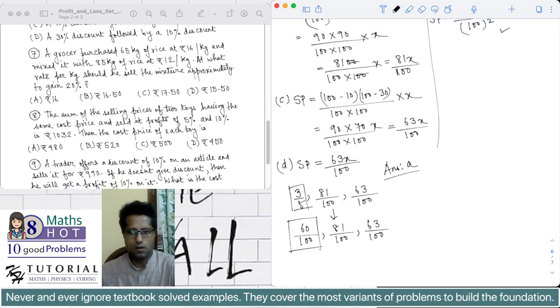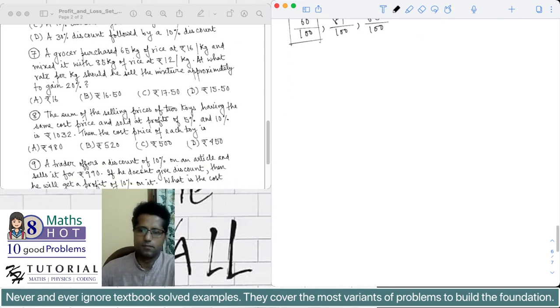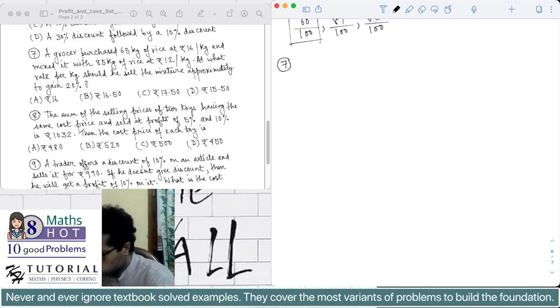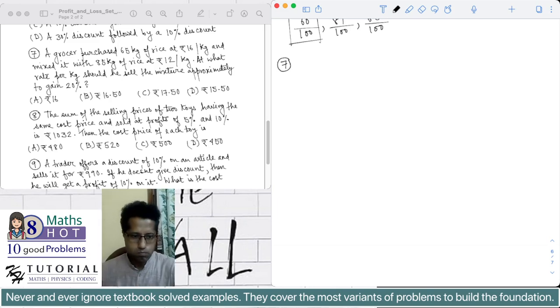Okay, let's do problem number 7. A grocer purchased 65 kg of rice at rupees 16 per kg and mixed it with 85 kg of rice at rupees 12 per kg.